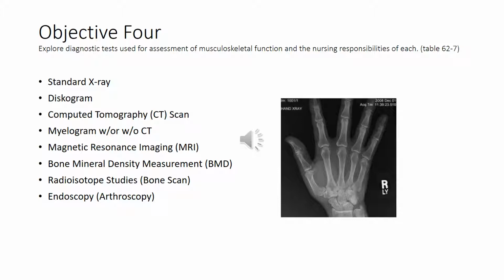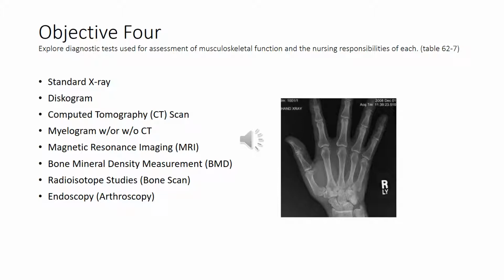It would be used in fracture diagnoses, and they're useful in the evaluation of genetic, developmental, infectious, inflammatory, neoplastic (with cancers), metabolic, and some degenerative disorders.